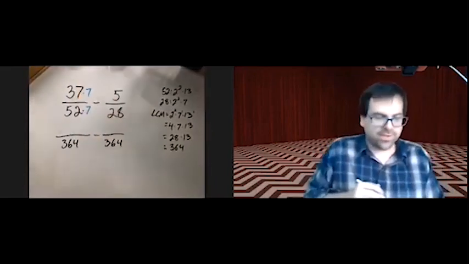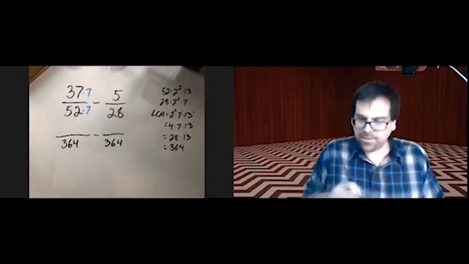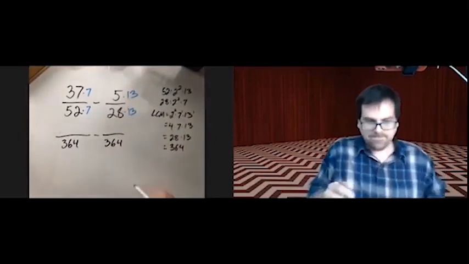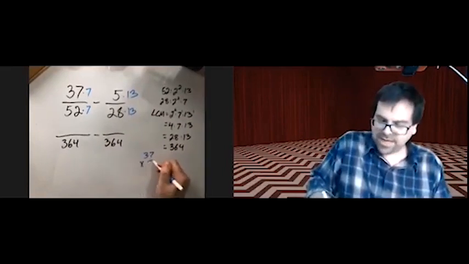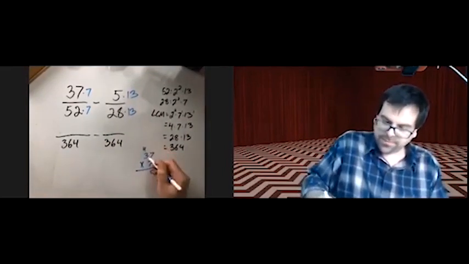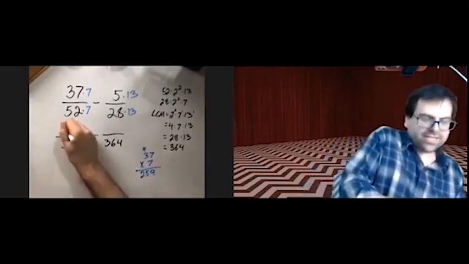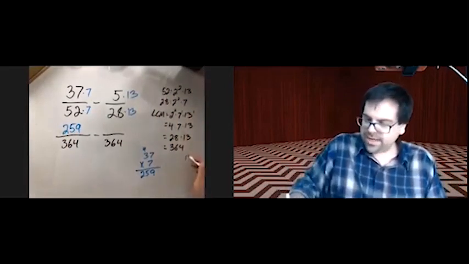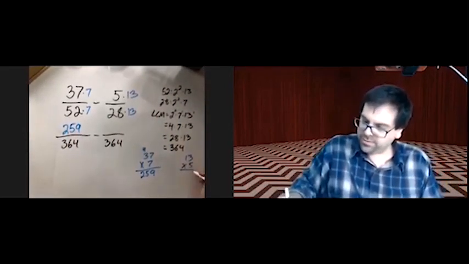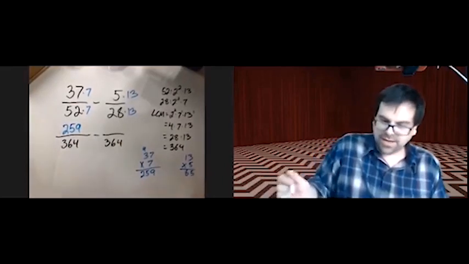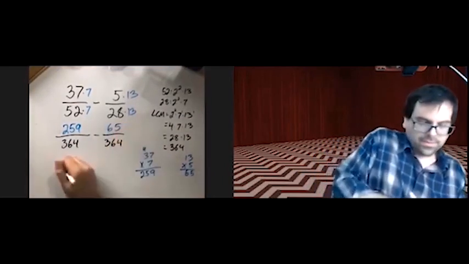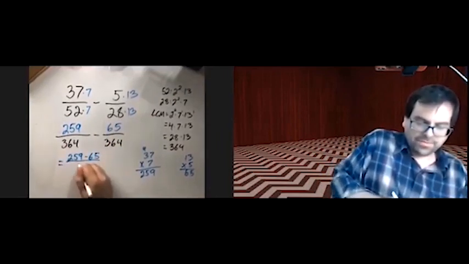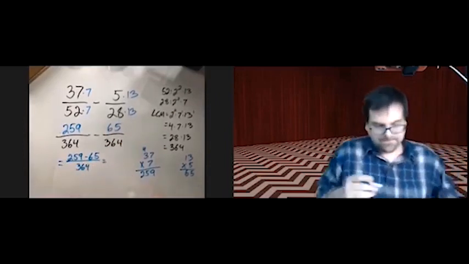Whatever we do on the bottom, we do on the top. 28 times 13, whatever we do on the bottom, we do on the top. 37 times 7 is 259. 13 times 5 is 65. This is 259 minus 65 all over 364.